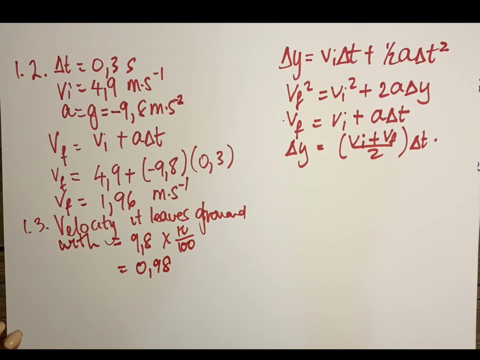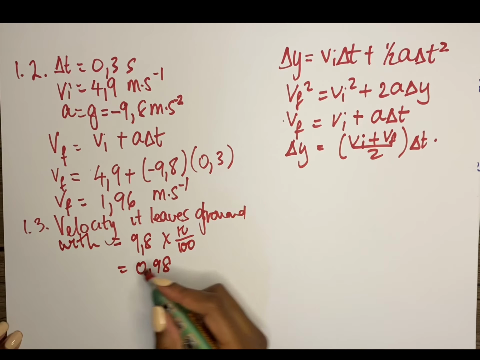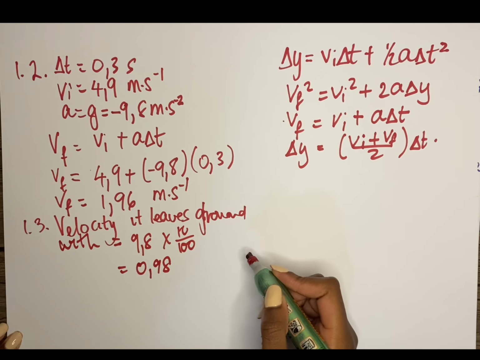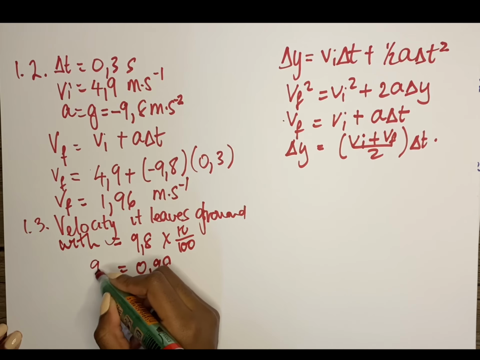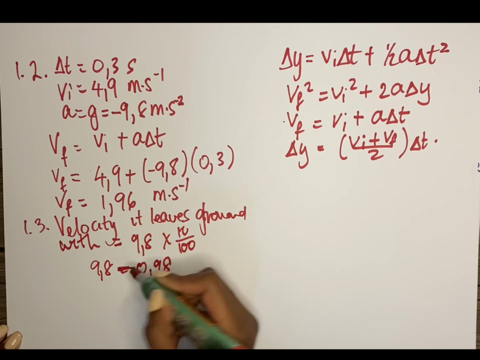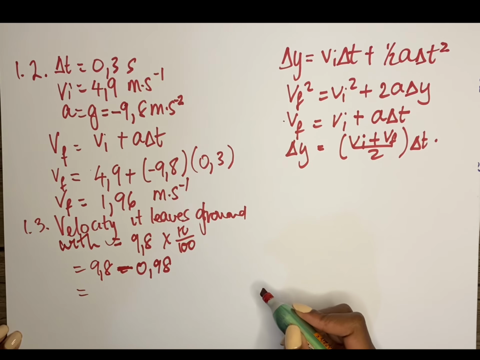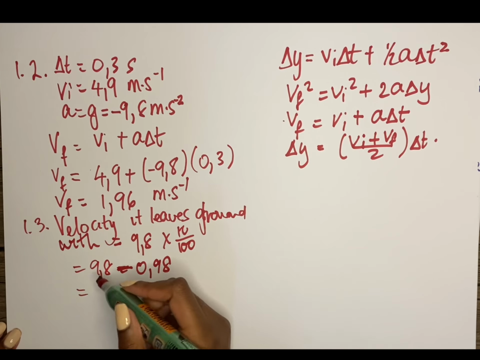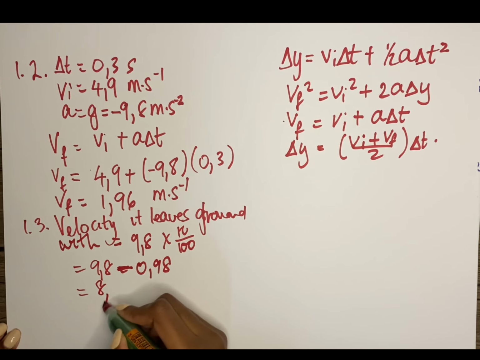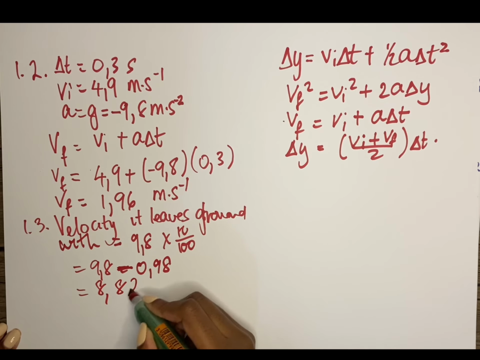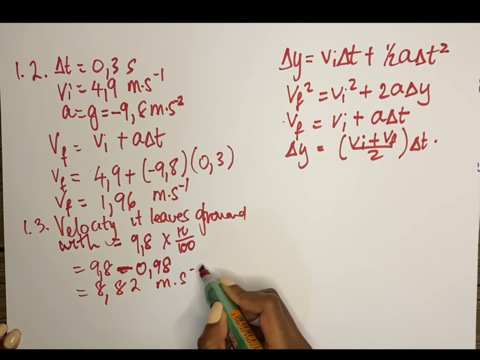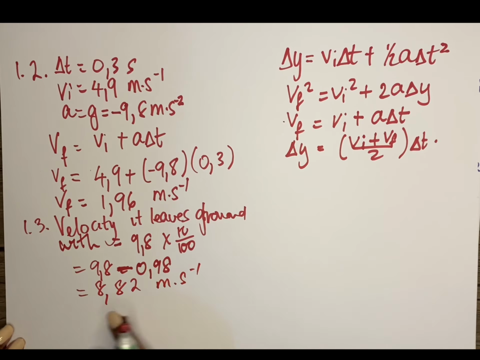And then you can just say velocity with which it's going to leave the ground. Let's just say 9.8 minus 0.98, right? You're going to get 8.82 meters per second. That's the velocity with which it's going to leave the ground.